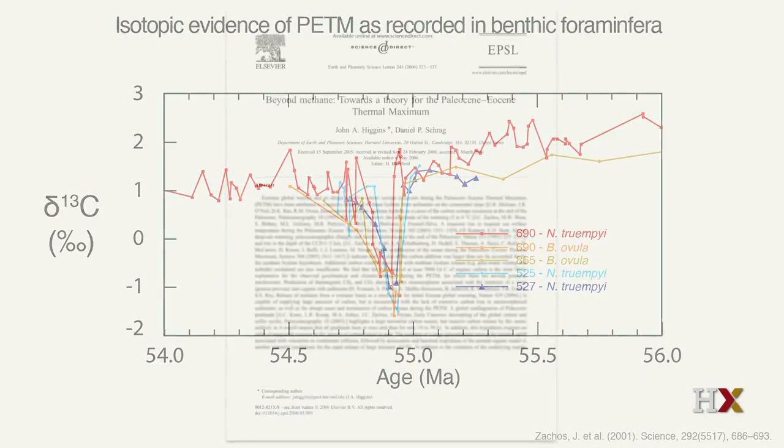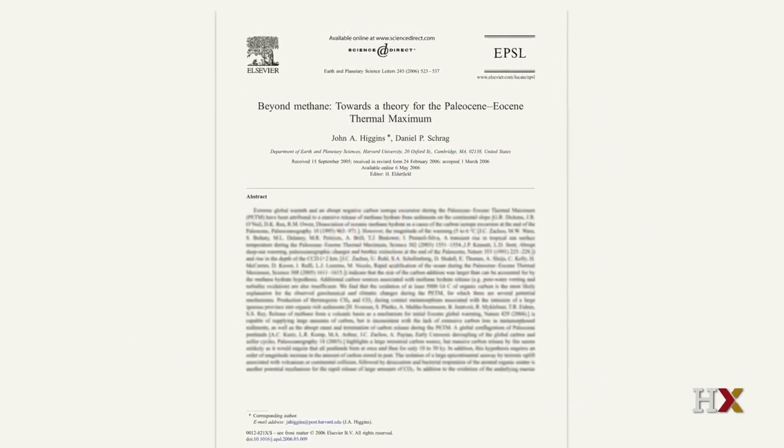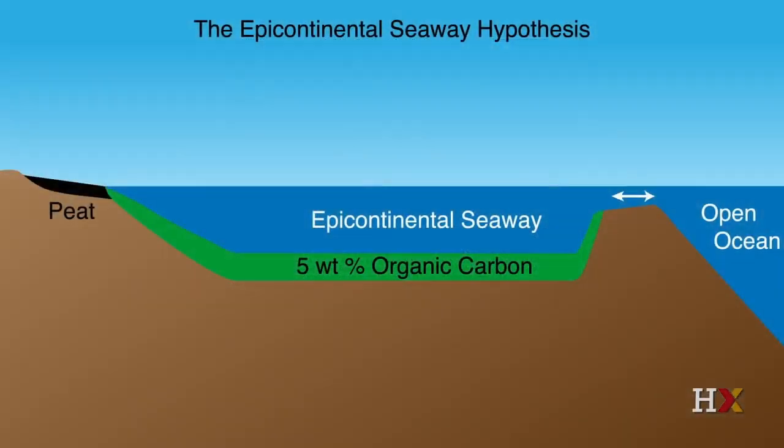Another hypothesis that my student John Higgins and I proposed about a decade ago is called the epicontinental seaway hypothesis. The idea here is that the Paleocene was a very different time than the modern carbon cycle because large areas of the continents were covered with epicontinental seas. Sea level was about 100 meters higher, and this meant that large parts of North America, Africa, and Asia were covered with shallow seaways.